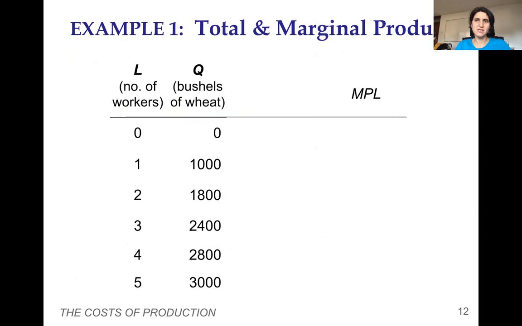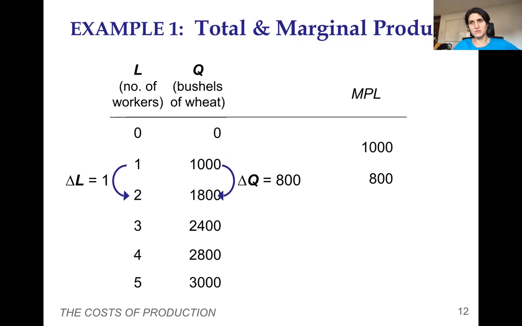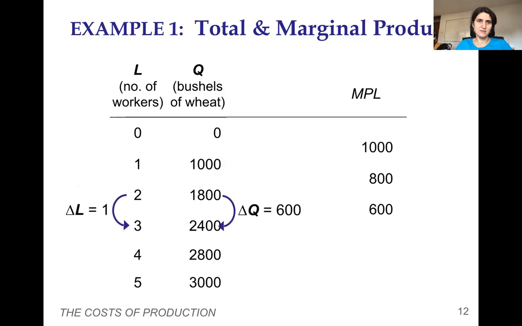Okay, so let's calculate the marginal product in here. Okay, so the effect of 1 worker in here is delta Q is 1,000, okay, and delta L is 1. So the marginal product of the second worker is the change from 1,000 to 1,800, so 800, okay, and then the total output changes from 1,800 to 2,400, so delta Q changes by 600.